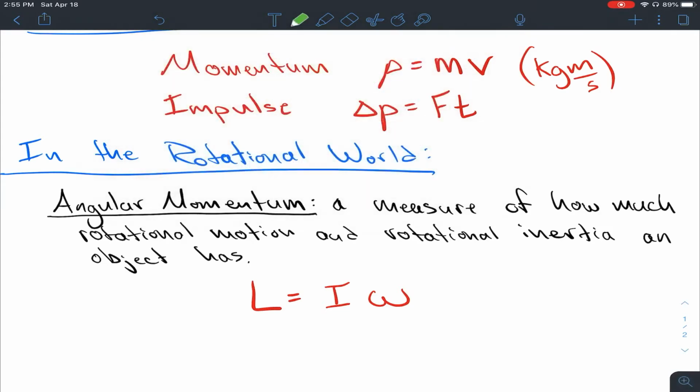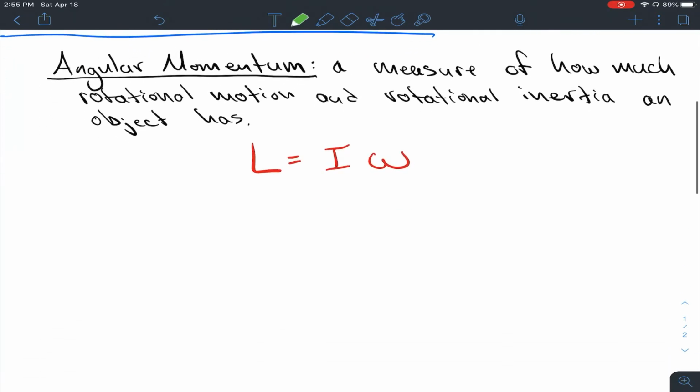So first and foremost, L is just our angular momentum. That's our letter for momentum in the angular world. They always have weird letters for momentum, so it's a fun little game to play.